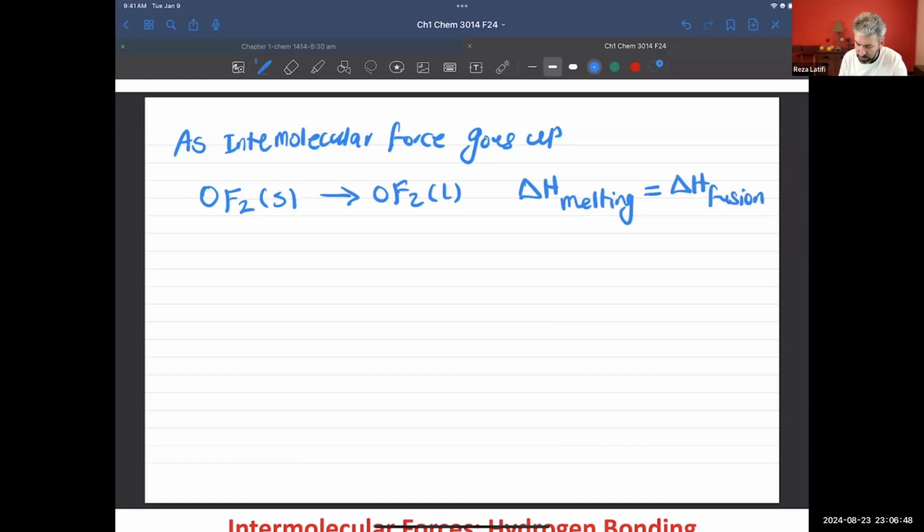And if you compare it also, if you look for delta H of vaporization, it is strongly or directly subject to intermolecular force.